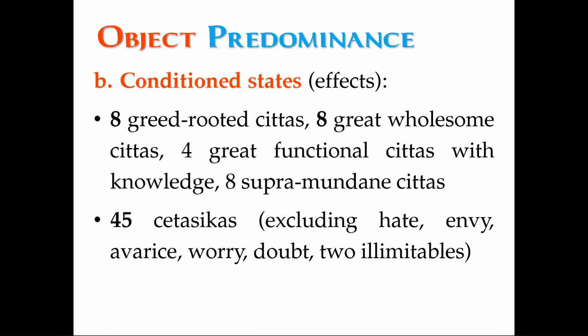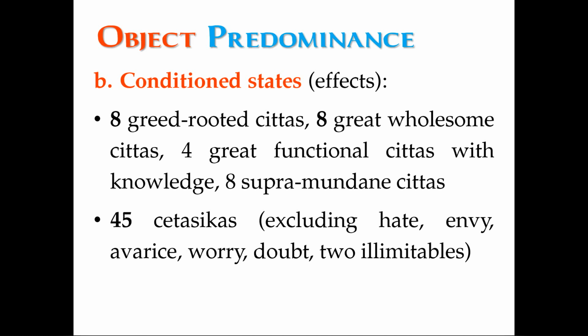When we have compassion and altruistic joy toward a being, it is a concept. Therefore, we have only 47 cetasika. It is a little bit complicated, right?